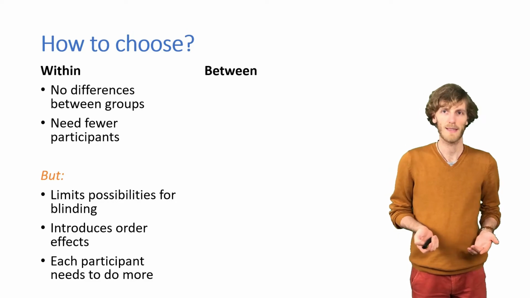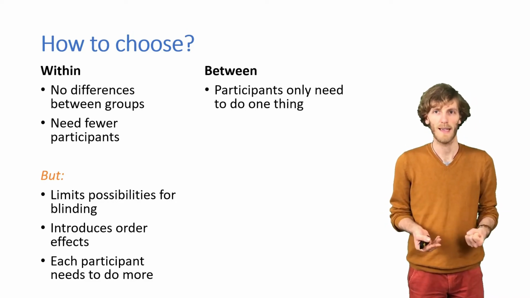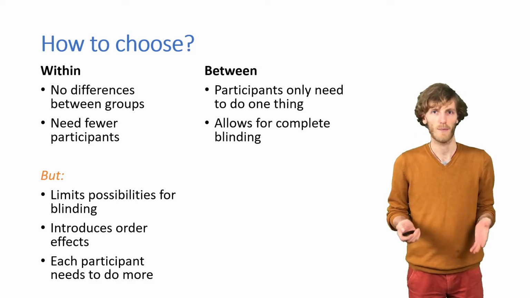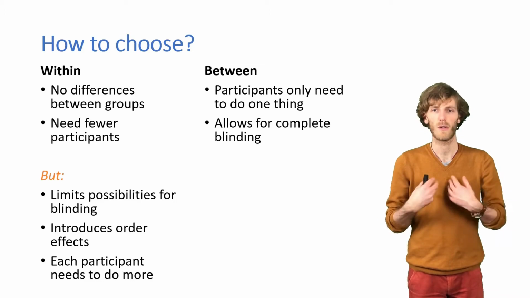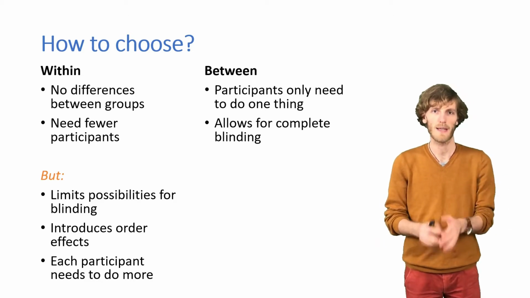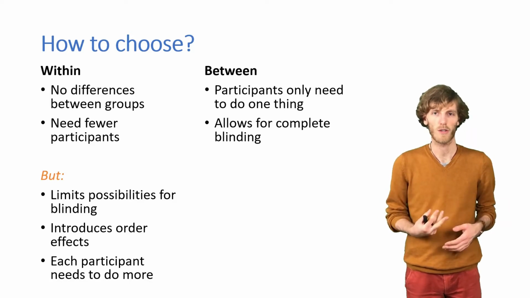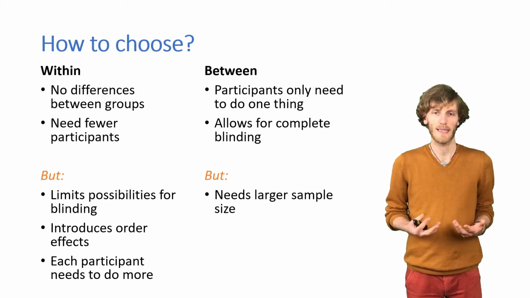So between participant design then conversely only requires participants to do one thing. And that allows for complete blinding. They don't need to know what the other options are, they don't need to know what they are going to do when they go into the experiment. So there's more control in that regard. But obviously we'll need a much larger sample.